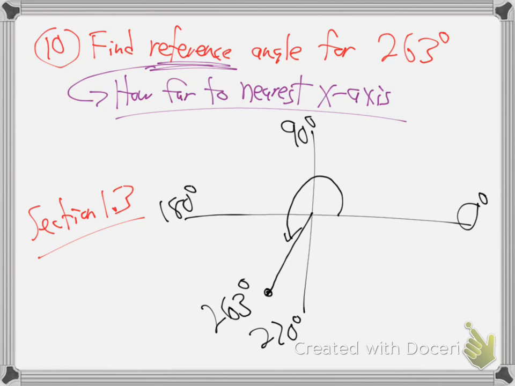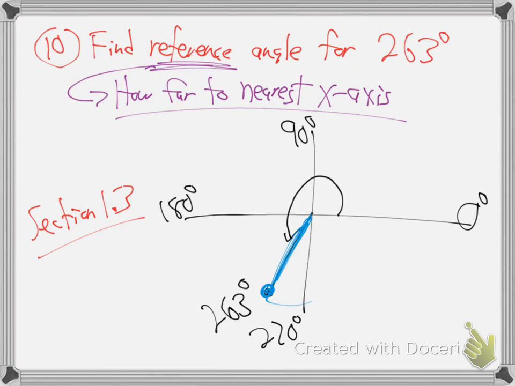Now, what are we supposed to find? The reference angle. What is a reference angle? How far to the nearest x-axis. So where is the nearest? If you're right there on that line, what is the nearest x-axis? Is it there? No, that's the further one.